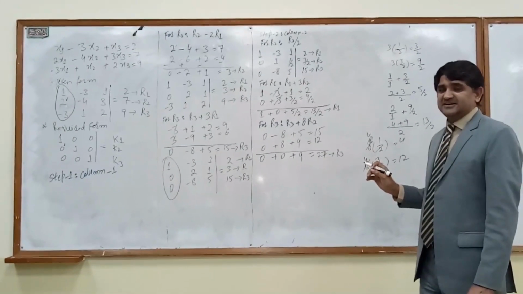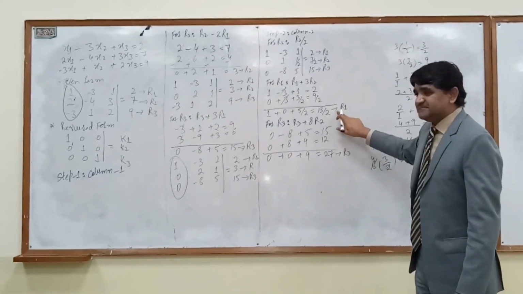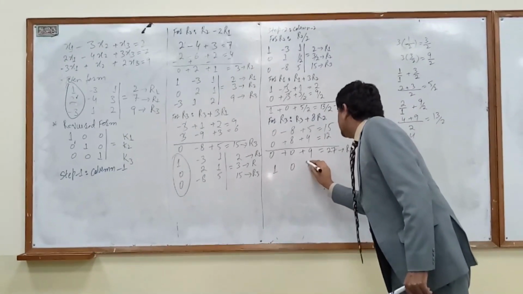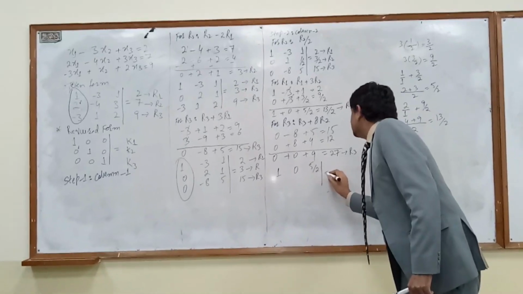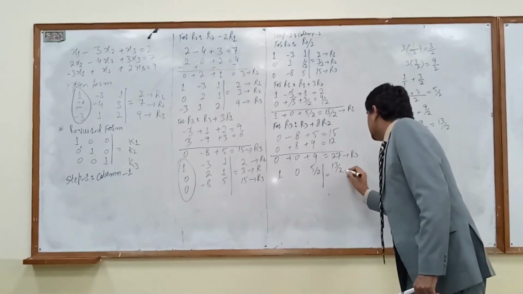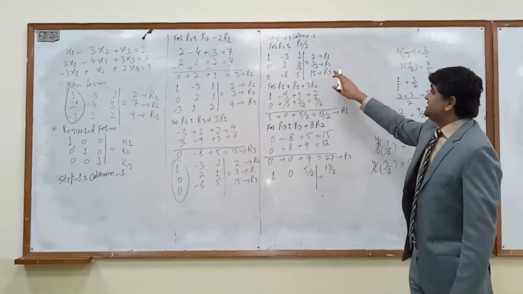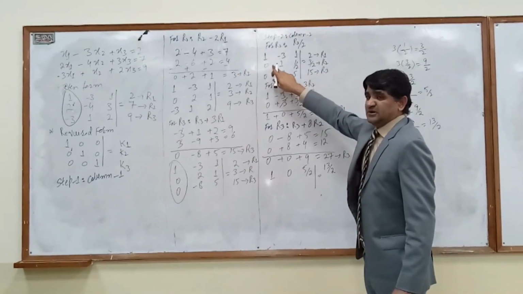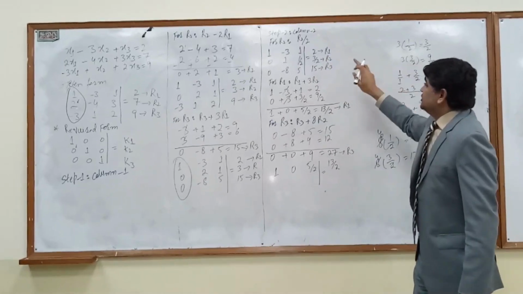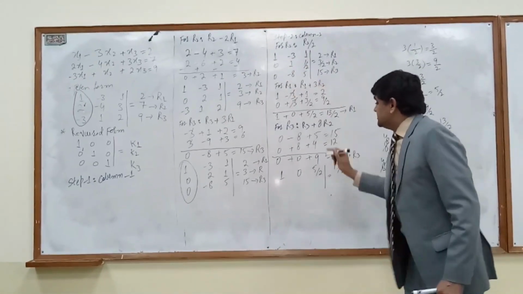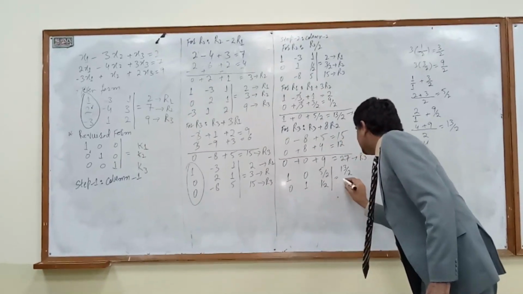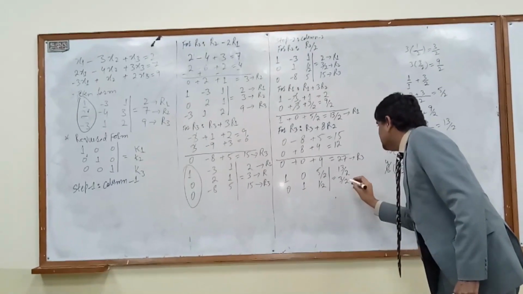We can write in the system. What is R1? 1, 0, 5 by 2 and 13 by 2. What is R2? That will remain the same because we operated for R2. So 0, 1, 1 by 2 and 3 by 2.